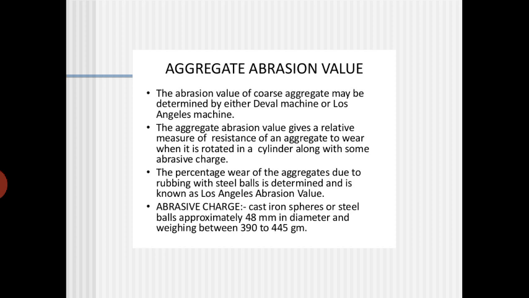The abrasion value of the coarse aggregate may be determined by either the Los Angeles apparatus or the Deval machine. The aggregate abrasion value gives the relative measure of the resistance of an aggregate to wear and tear when it is rotated in a cylinder along with some abrasive charges.